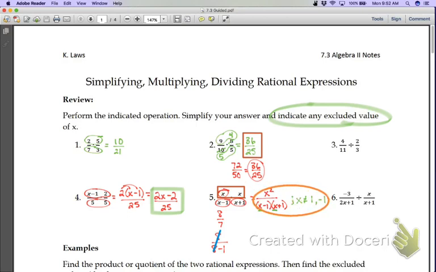Why can't x be equal to 1 and negative 1? Because it would make one of the spots on the bottom zero out. This is why I don't put it back together, because it makes it easier for students to see, hey, in that denominator, I can't have a negative 1, I can't have a positive 1.